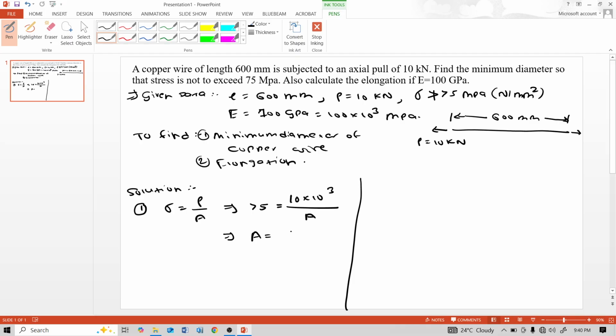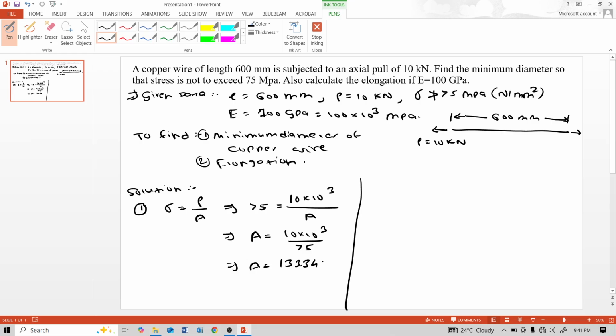So area is equal to 10 into 10 raised to 3 divided by 75, which is 133.34.